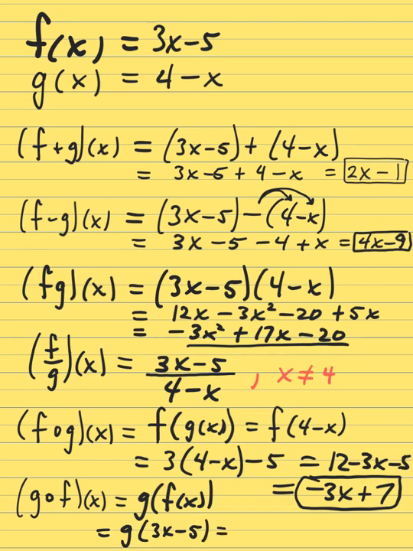Well, g is 4 minus whatever we substitute, which is 3x minus 5. And I'm about to run out of room, so if you distribute the negative, you get a negative 3x plus 5, add that 4 to it, and you get negative 3x plus 9.